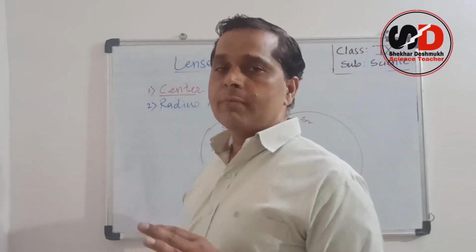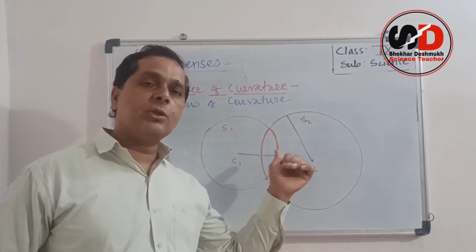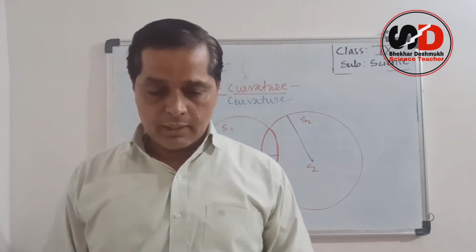The radius of the two spheres from which the lens is made, whose parts make the surfaces of the lens, that is nothing but radius of curvature.